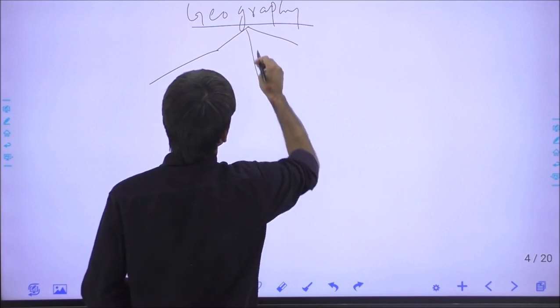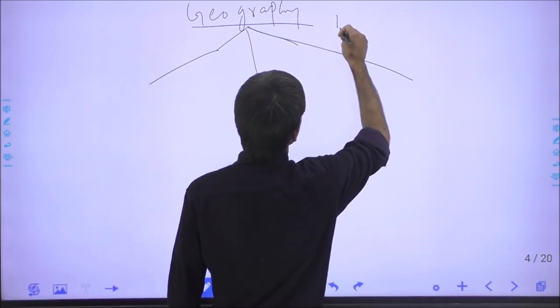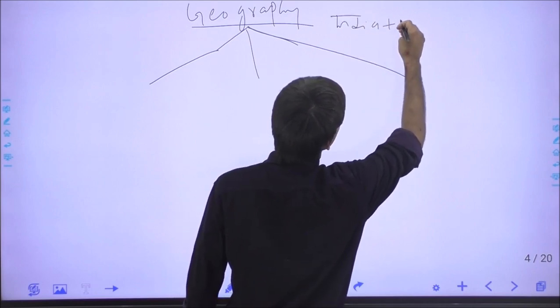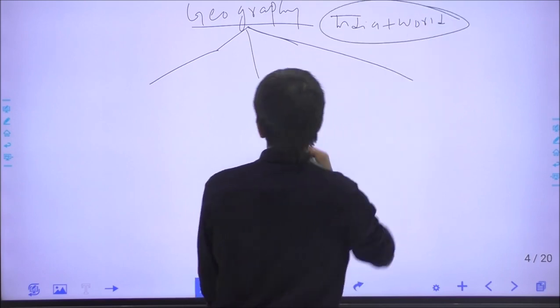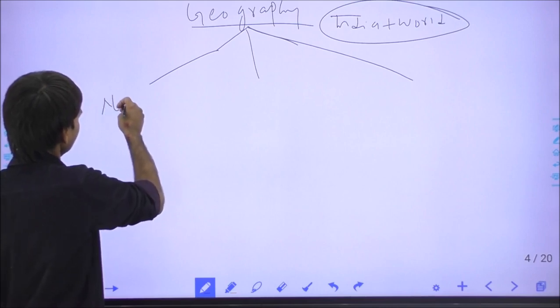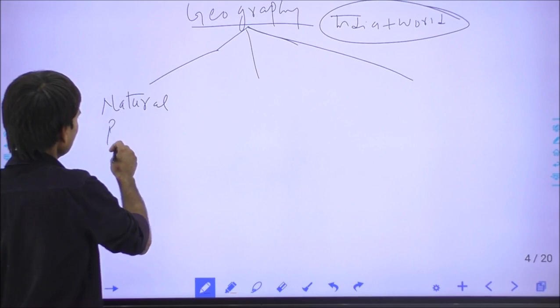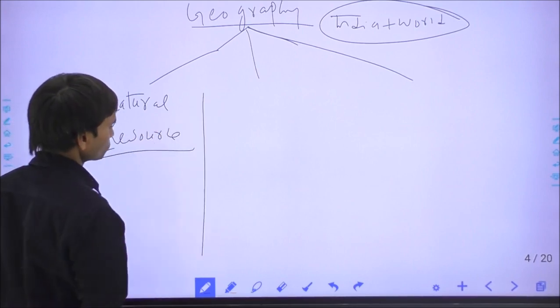There are three main topics in geography, and the topics must be covered in the context of Indian or world geography. The topic one is natural resources. What kind of questions have been asked by UPSC and how to prepare this topic, natural resources.